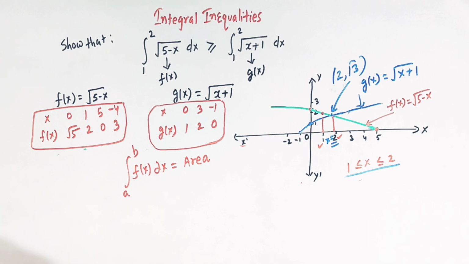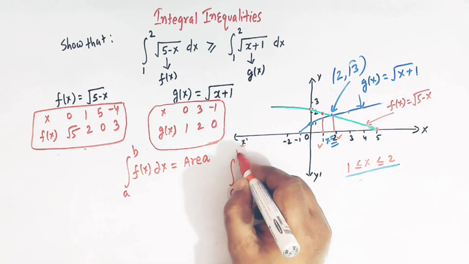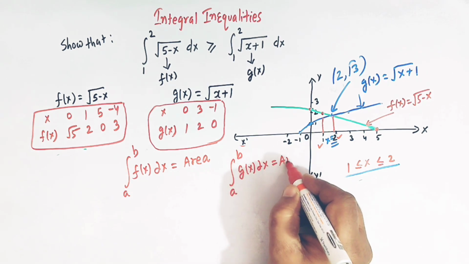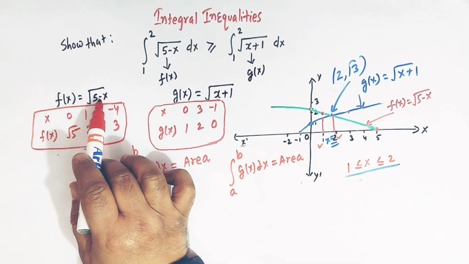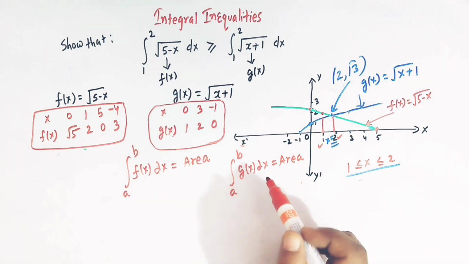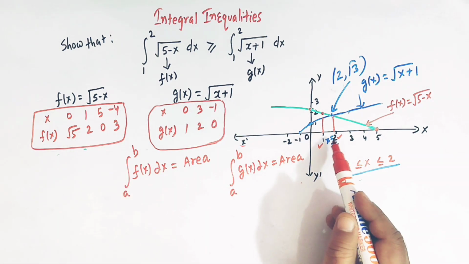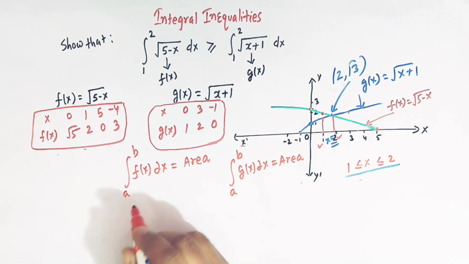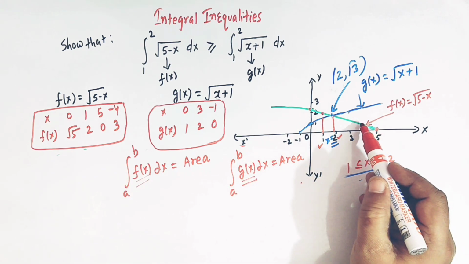Right now, see, here we have the integral a to b g of x dx, which also represents the area, right? f of x is square root of 5 minus x, g of x is square root of x plus 1, a is 1 and b is 2, right? So let us consider the area bounded by f of x and g of x in this graph.